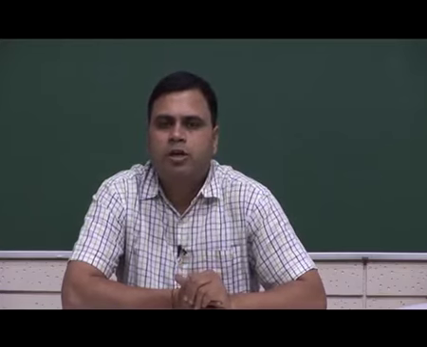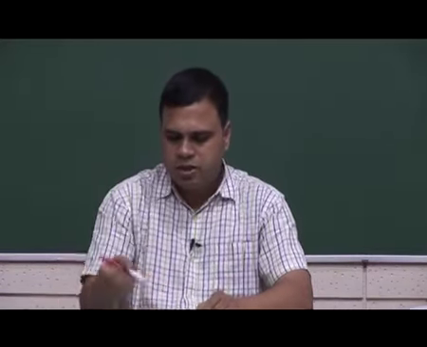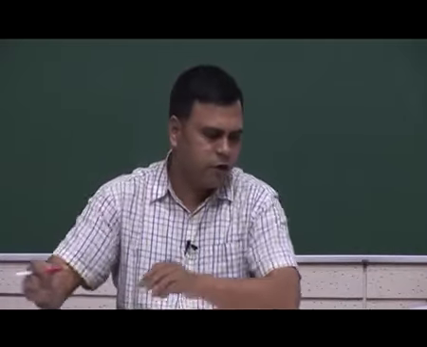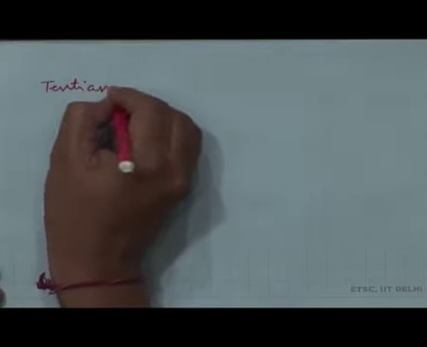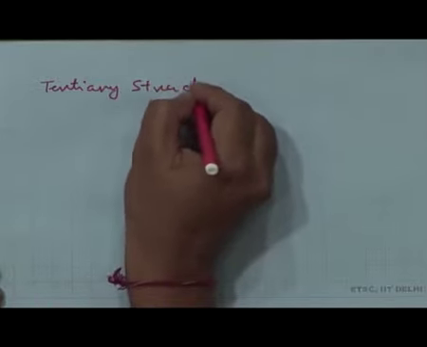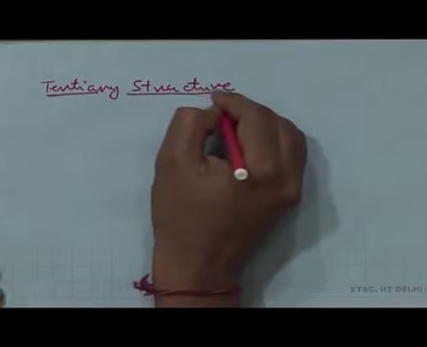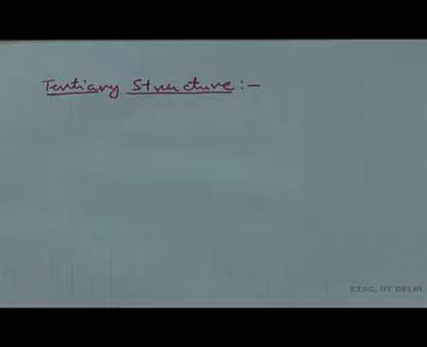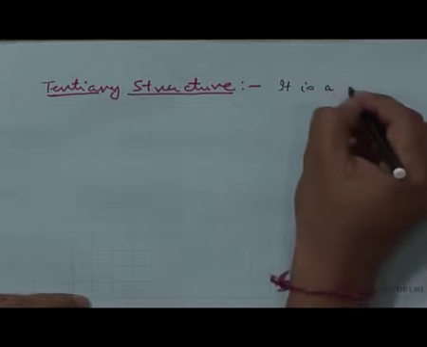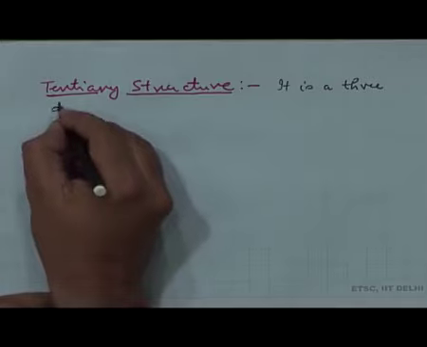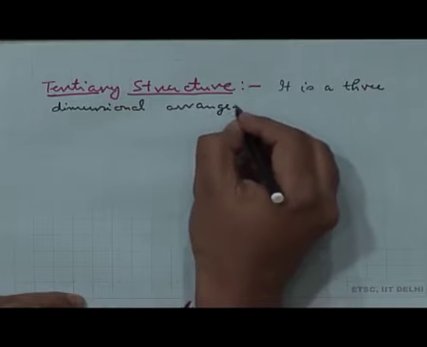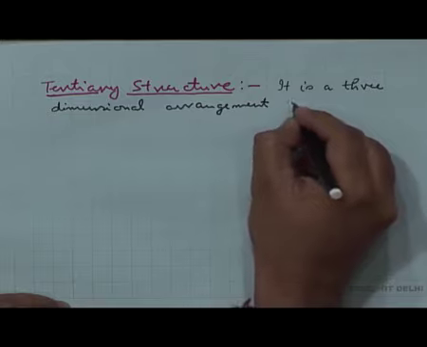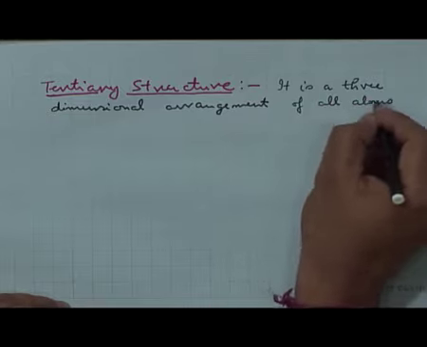Then we talked about tertiary structure. Basically, it is a 3-dimensional arrangement of all atoms in the protein.